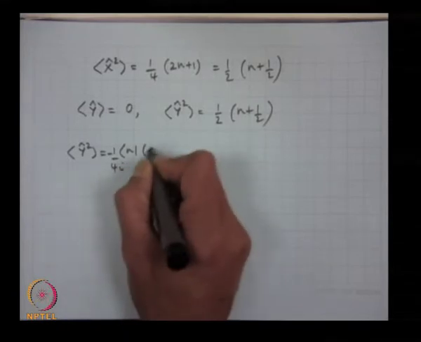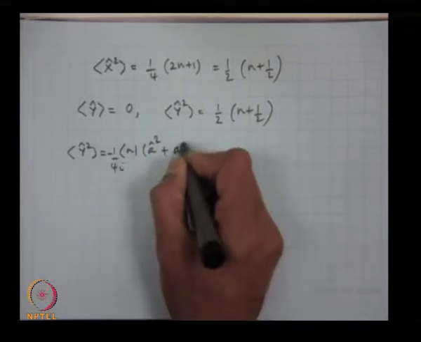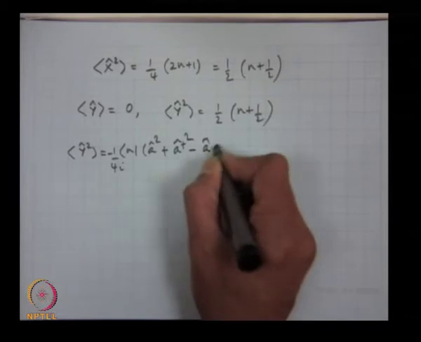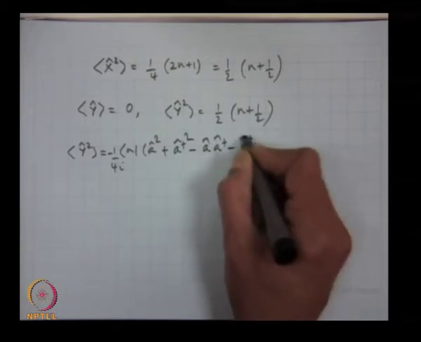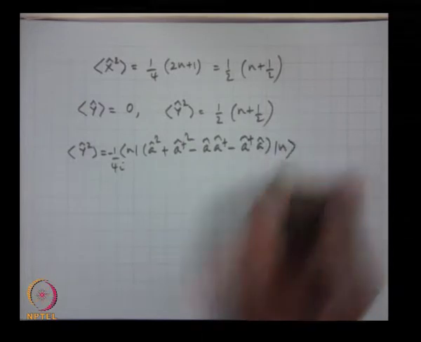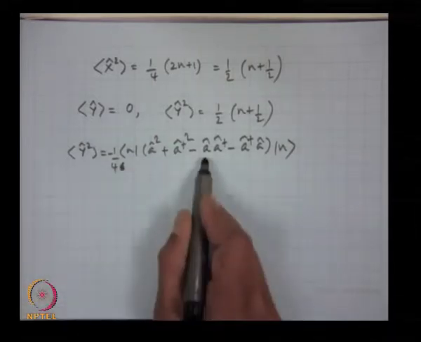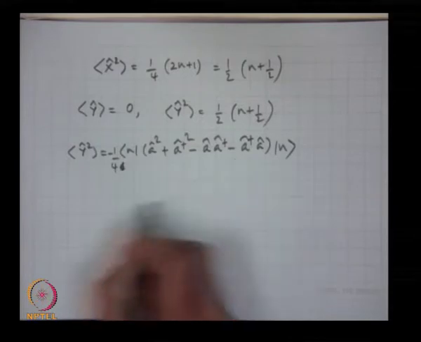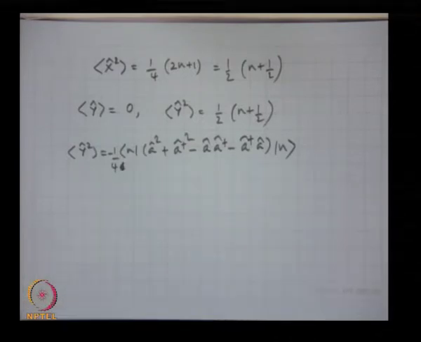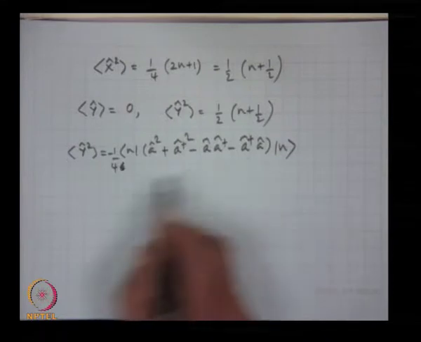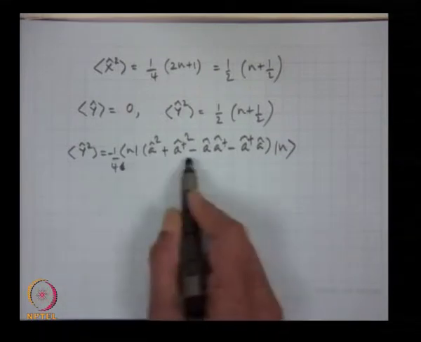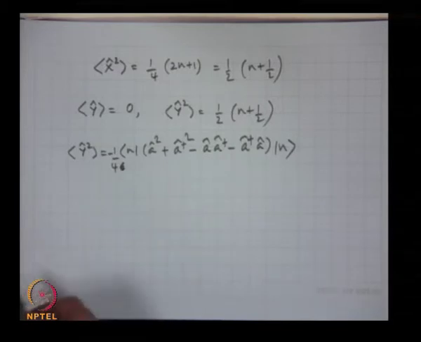The expectation value of y square will be <n|(a minus a dagger)(a minus a dagger)/(4i squared)|n>, that is, minus 1 by 4 <n|(a square plus a dagger square minus a a dagger minus a dagger a)|n>. There's a minus sign coming from here. So this is a dagger a plus 1, and you will get essentially (2n plus 1) here with a minus sign, and you will get essentially half of (n plus half).